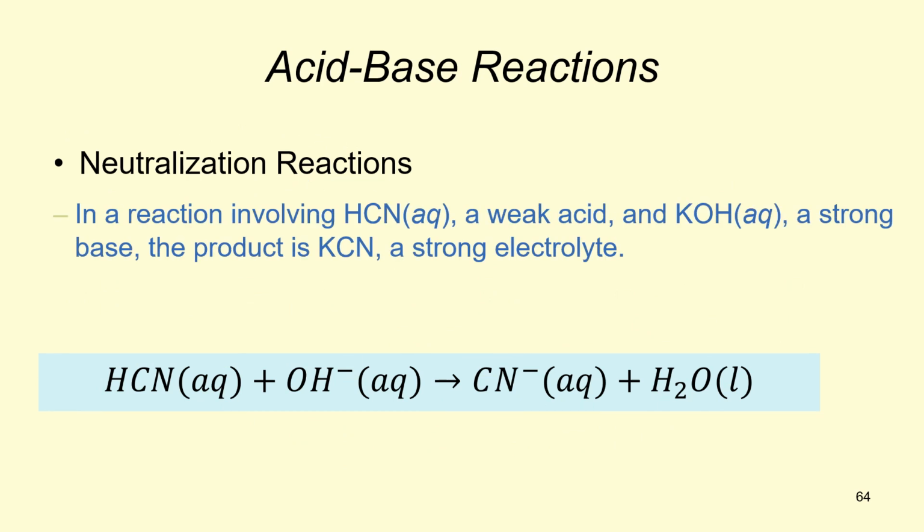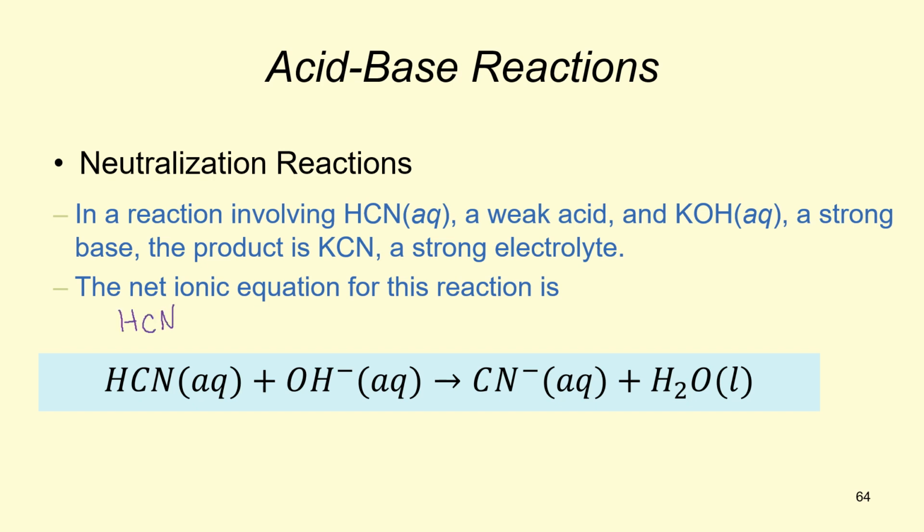Now, we saw this one earlier, so HCN, like I said, is a weak acid. And so this is still an acid-base reaction. Let's go back. This was from a few slides ago. If I have the HCN, which is an acid, and the KOH, which is a base, I get KCN, which is the salt. And so I can see that because this is a weak acid, I keep that together.